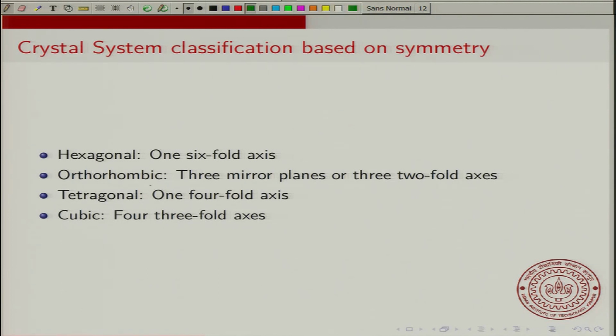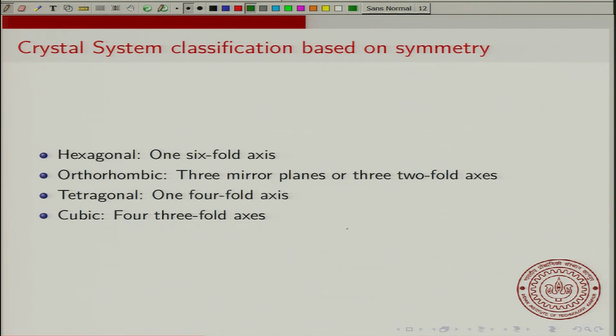Similarly, the orthorhombic is characterized by three mirror planes or three two-fold axes. So for the orthorhombic system, the essential symmetry is that it should contain three mirror planes or three two-fold axes. For the tetragonal system, the essential symmetry is one four-fold axis. Similarly, the cubic system has four three-fold axes.